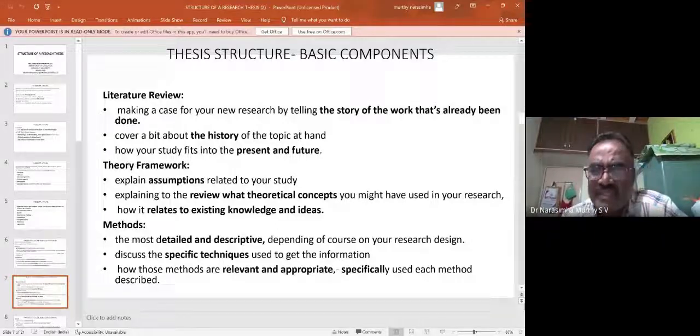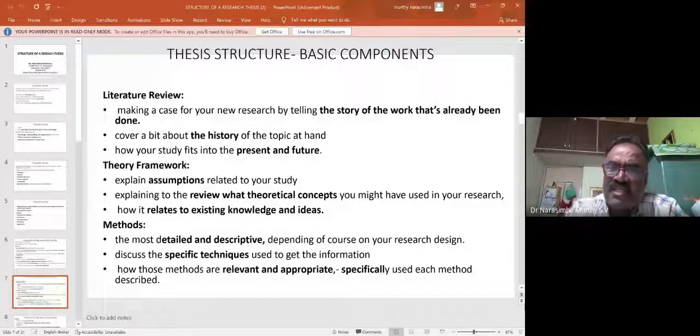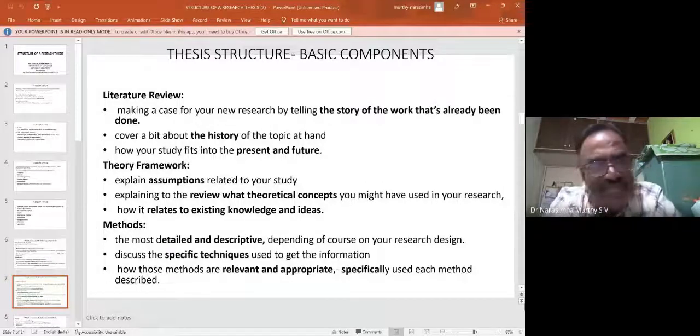I'll just give an example. Can anyone think of doing research on Shakespeare today? I'm expecting an answer. Can someone think of the possibility of doing a PhD research on Shakespeare?